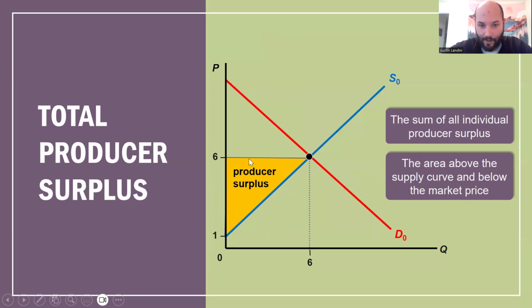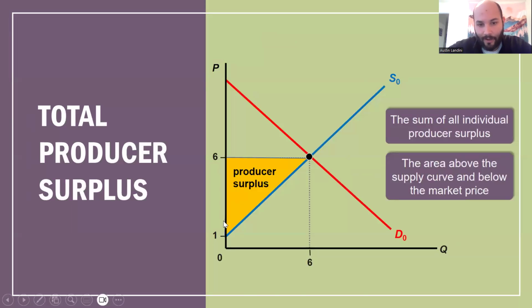You will get occasionally some calculation problems where it's asking you to calculate the area of consumer or producer surplus or sum the two up. So if you need to calculate the area of one of these surpluses, we're going to use the area of a triangle formula, which is 1/2 base times height.